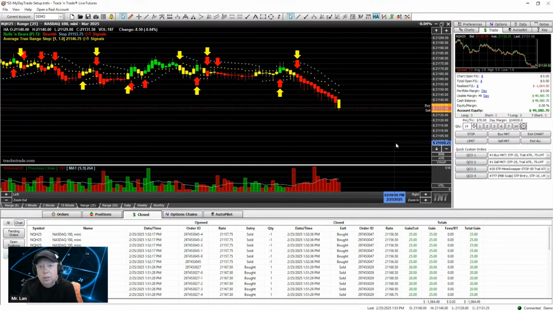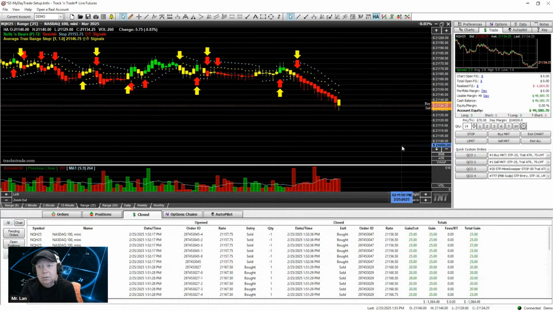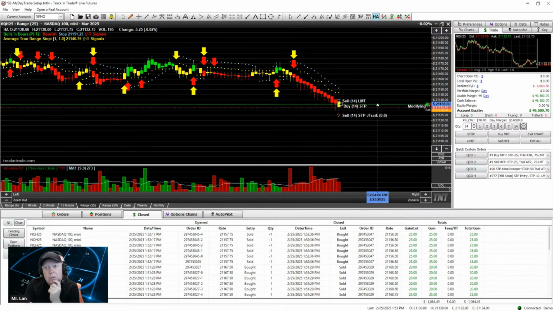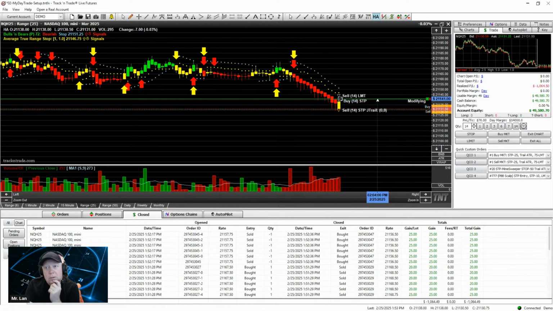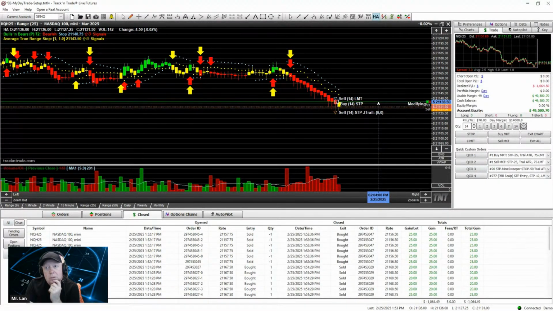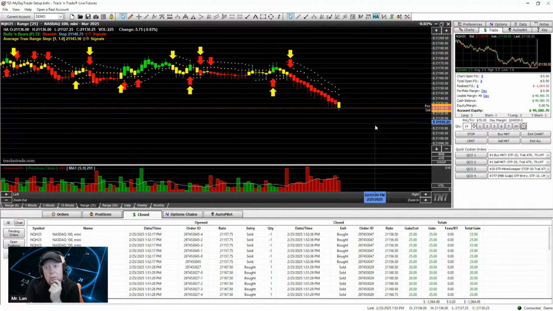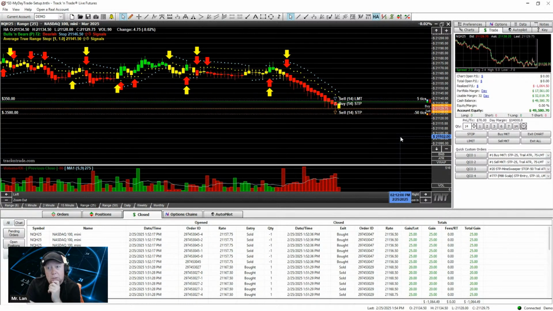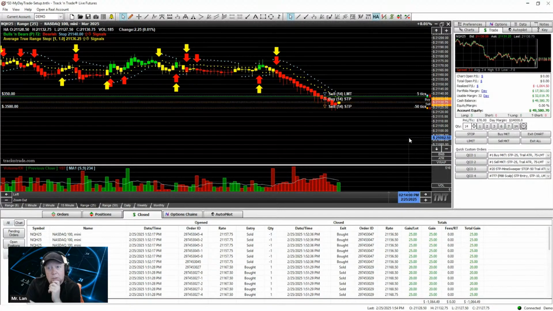Look at minesweeper go. Look at that baby go. I don't trust it down there to go down anymore. But it keeps going down, doesn't it?